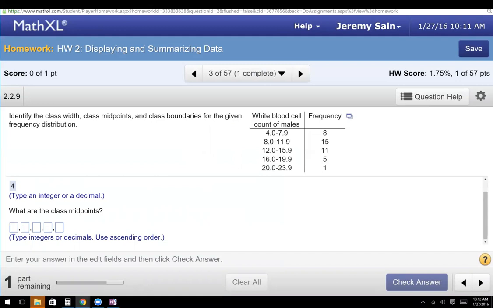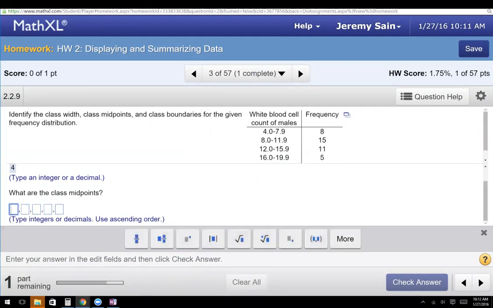What are the class midpoints? If it was from 4 to 8, the average would be 6. We're going to be slightly less than that, so that's 5.95. And once you get one, you can just go up by 4 every time. So 9.95, 13.95, 17.95.